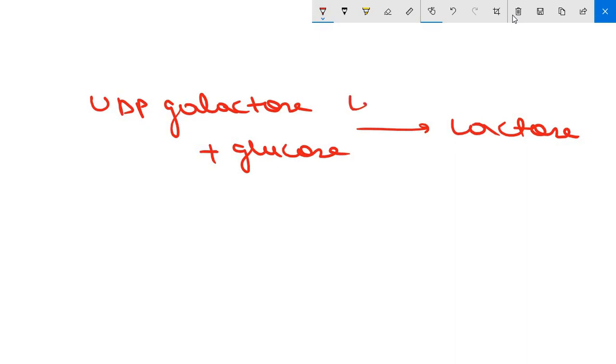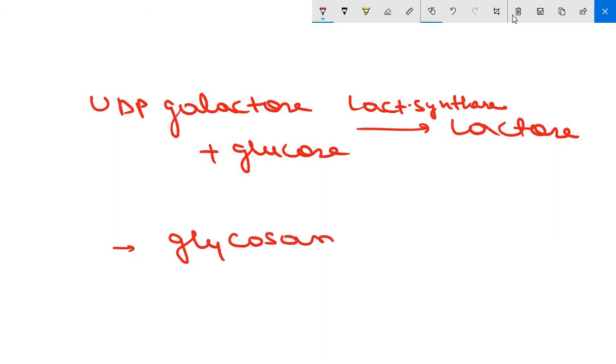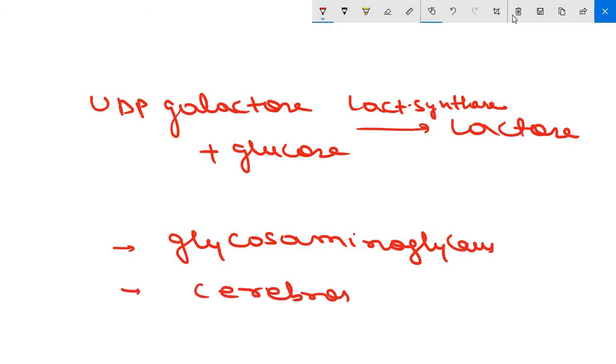The enzyme working here is lactose synthase, and lactose synthesis is seen in lactating mammary glands. Along with it, UDP galactose is also involved in the synthesis of glycosaminoglycans, cerebrosides, and some glycolipids. So these are the uses of UDP galactose.